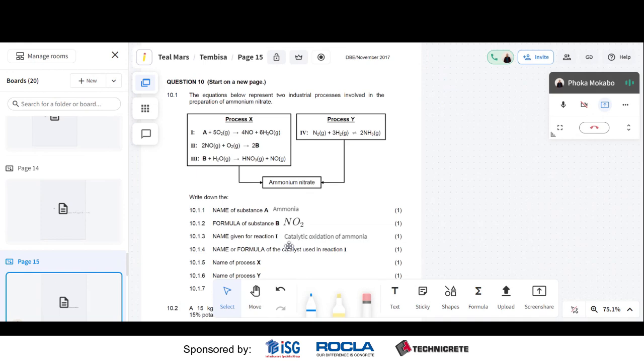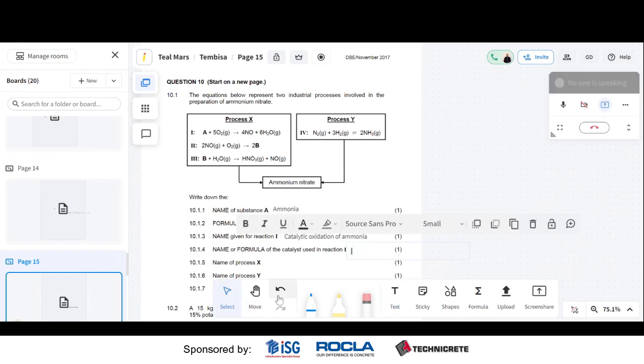Then the name or the formula of the catalyst used in reaction one. I think I might have already given that away, but it is platinum, Pt.